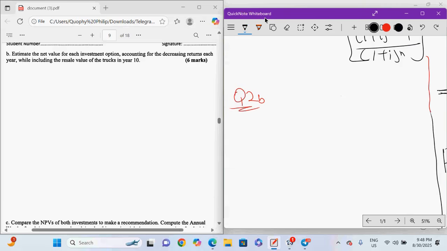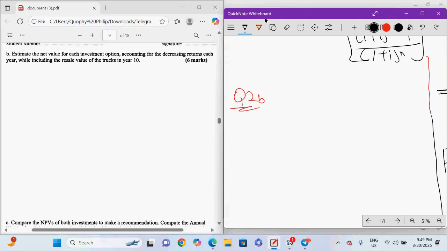All right. So we have to repeat what was done in A, right? Because it is to estimate the net value of each of the investments, accounting for the decreasing returns each year, while including the resale value of the trucks in year 10, right?